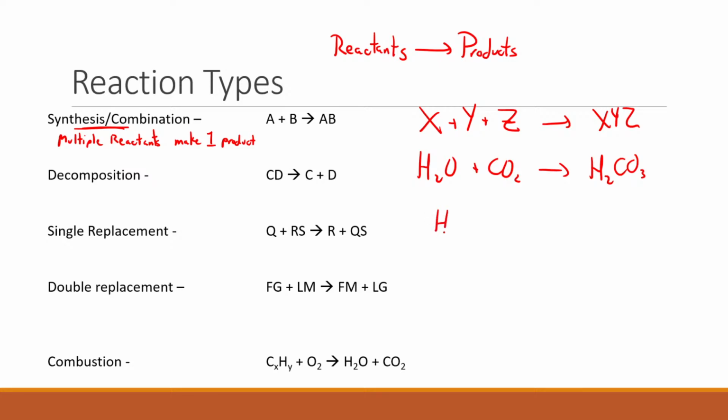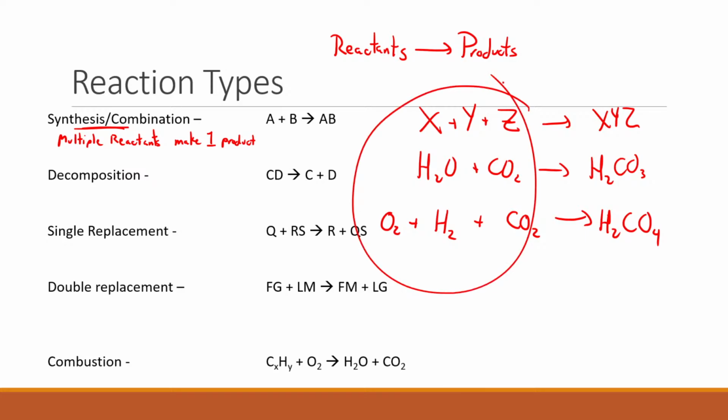It could be elements and a compound coming together to make a bigger compound. Right? Anytime there's multiple reactants coming together to form one product, you have a synthesis reaction.